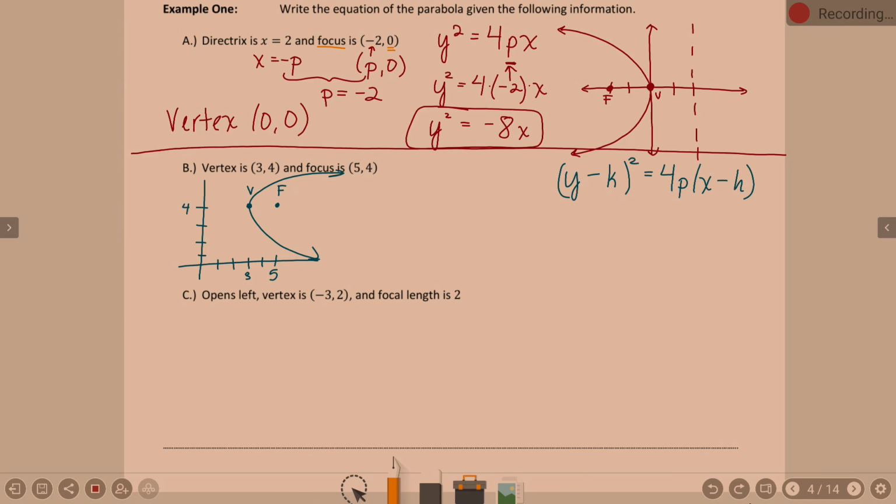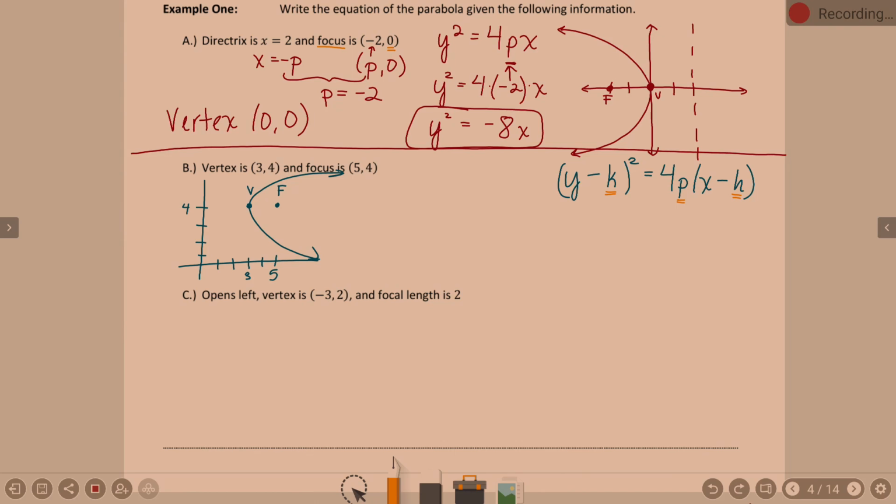I'm going to have to know h and k, and what else do we have to know? P. 4 is just a number, right? So we don't have to know anything about 4. And x and y are your variables. They're going to stay. You're always going to be looking for h, k, and p.